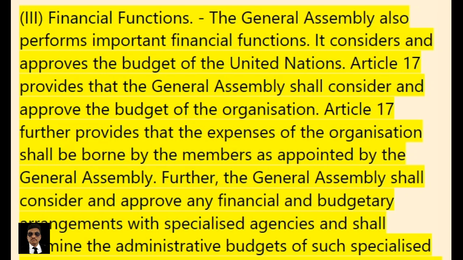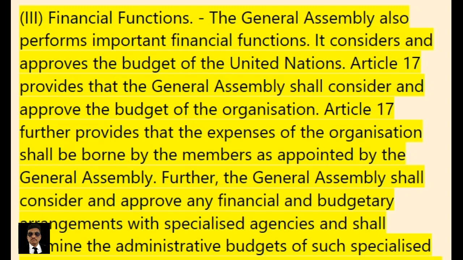Article 17 further provides that the expenses of the organization shall be borne by the members as apportioned by the General Assembly. Further, the General Assembly shall consider and approve any financial and budgetary arrangements with specialized agencies and shall examine the administrative budgets of such specialized agencies with a view to making recommendations to the agencies concerned.